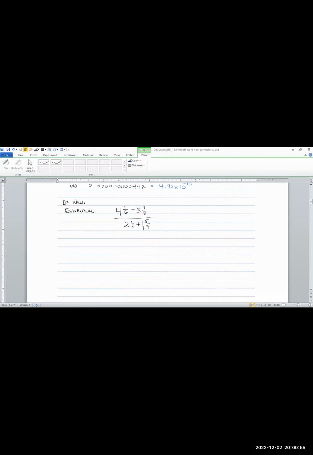Convert to improper fractions, and then you find the LCM. 6 fours are 24 and 1 is 25, so 25 over 6. Minus 3, what is 3 eights? 24, and 24 plus 7 is 31. What's the LCM between 6 and 8? 24, sir.